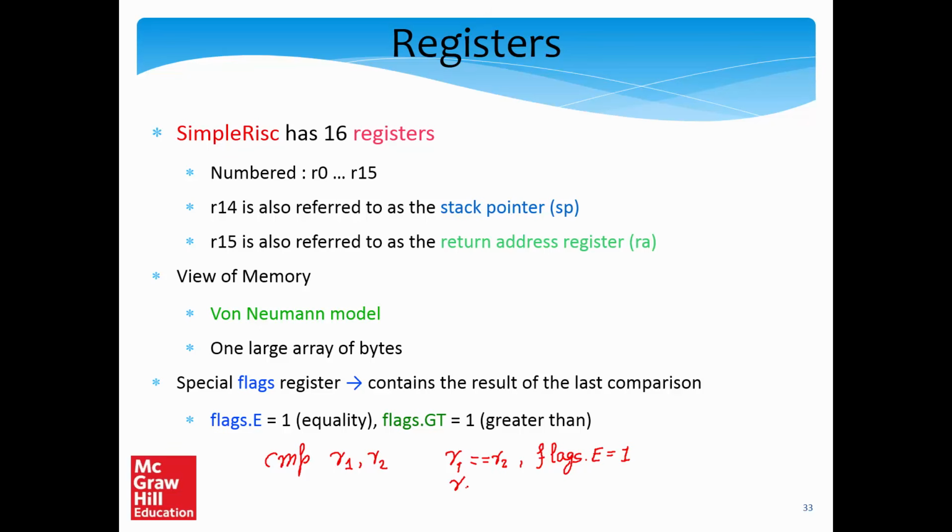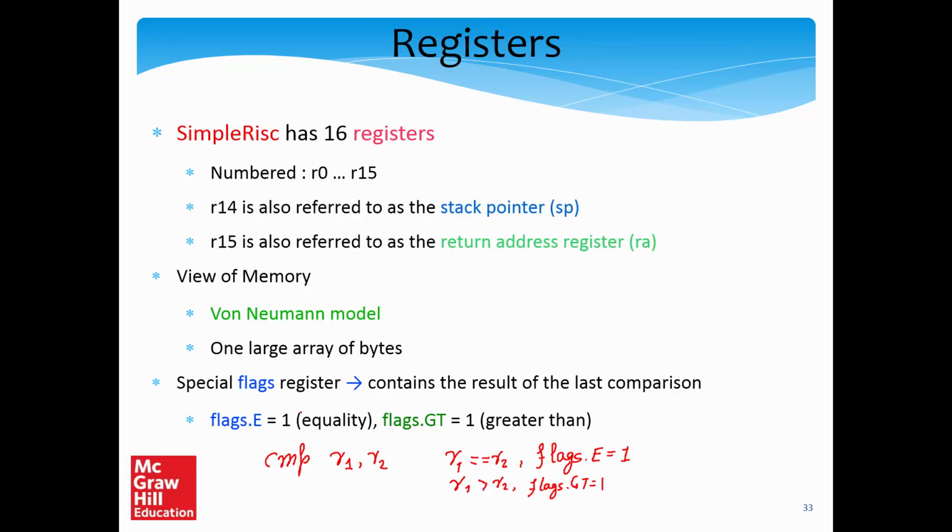If R1 is greater than R2, well then flags.e, the default value of E and GT is 0, so I'm not mentioning that. The E field in this case is clearly 0. So we set flags.gt, greater than, as 1. If R1 is less than R2, so clearly the equality flag flags.e is 0 and flags.gt is 0.